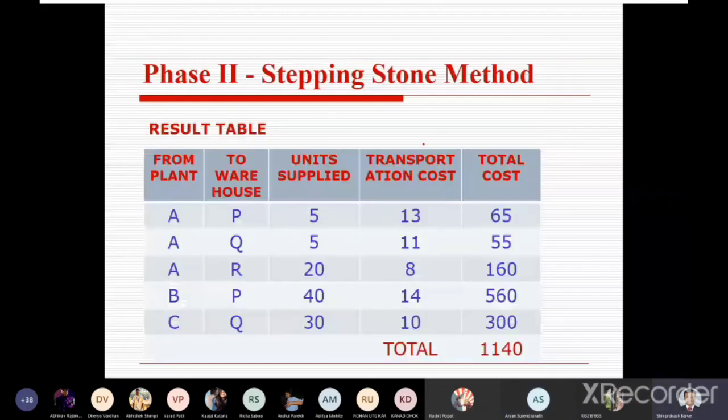You see here the final result table: from plant to warehouse, how many units are shifted, the shifting cost, and the total cost for every allocation. By making the total of this, we got the total transportation cost as rupees 1140. So this is the complete answer for the stepping stone method.